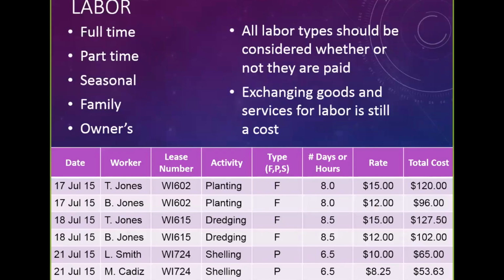So you should estimate how much that unpaid labor would cost you should you need to go out and hire someone. And exchanging goods and services for labor is still a cost. So estimate a cost of those goods or those services you've exchanged so you can get an accurate representation of what it costs to produce your product.